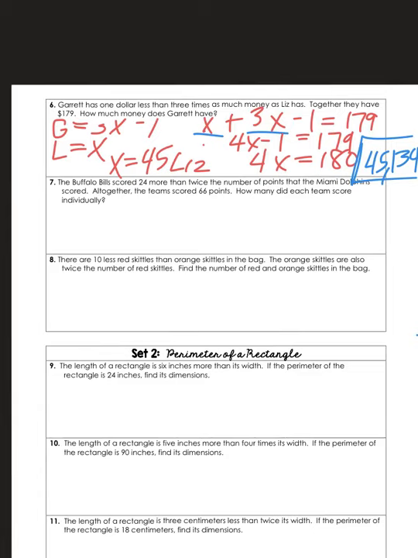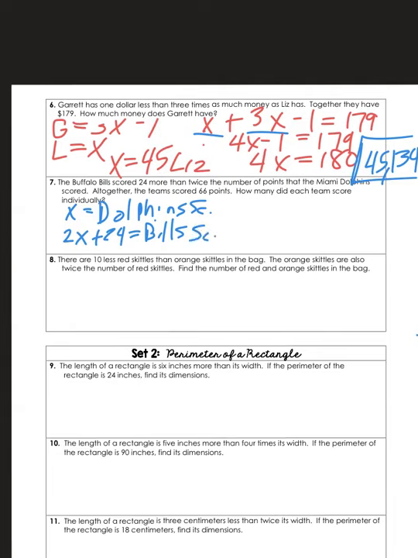So, the Bills scored... So that means the Dolphins score x. And then the Buffalo Bills scored 24 more than twice. 2x plus 24 equals the Bills score.